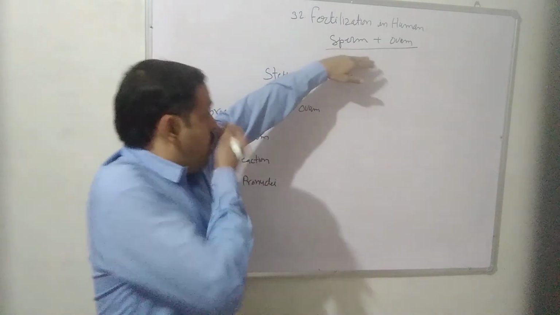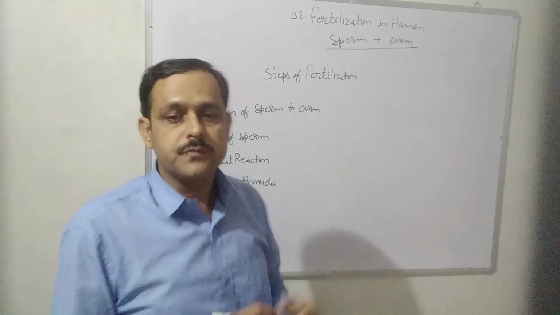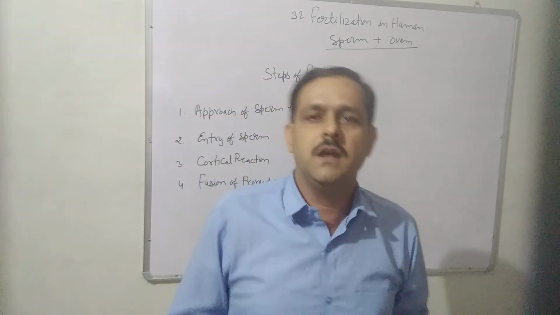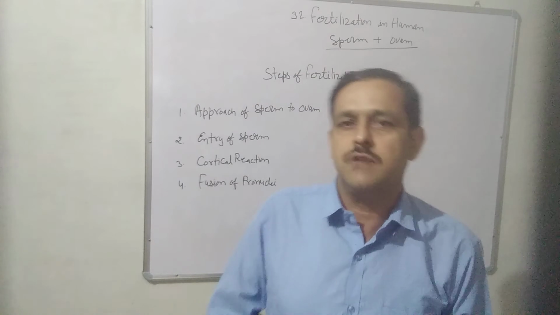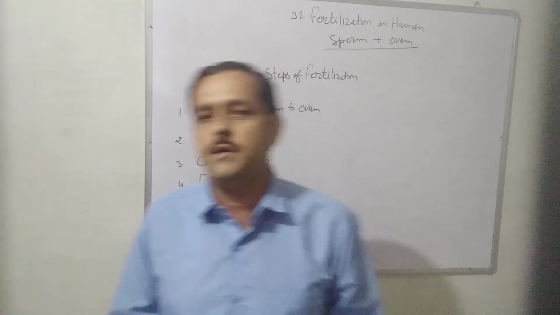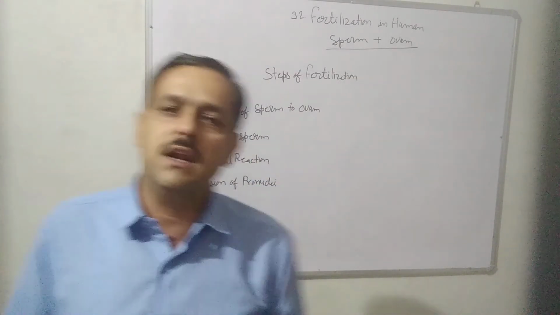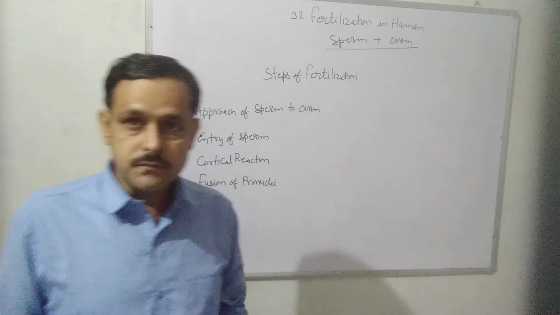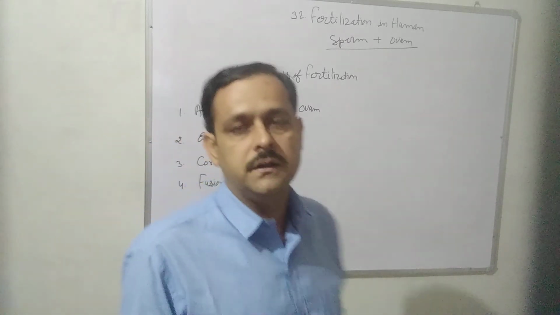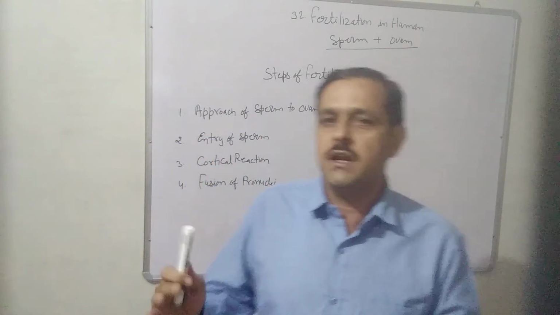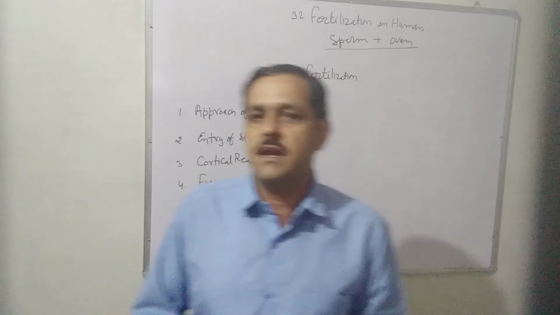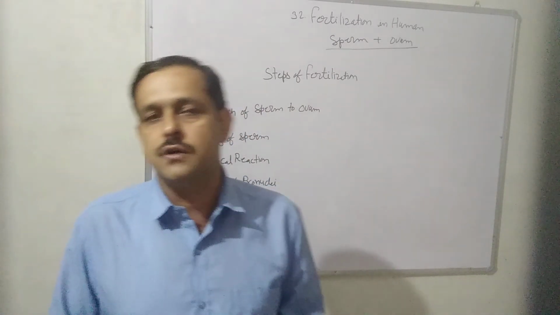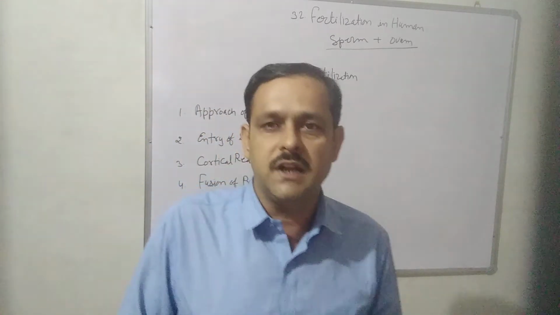Now the types of fertilization. If we talk about other animals, there are two types: external fertilization and internal fertilization. Mostly in aquatic conditions, where the male and female gametes fuse outside, it is called external fertilization.